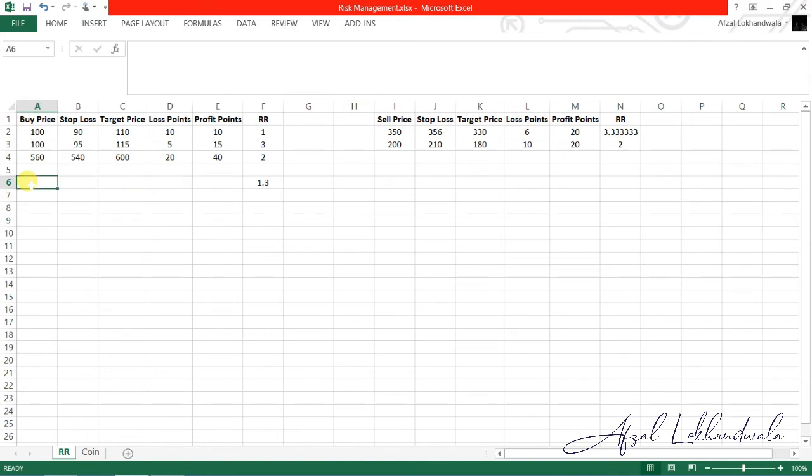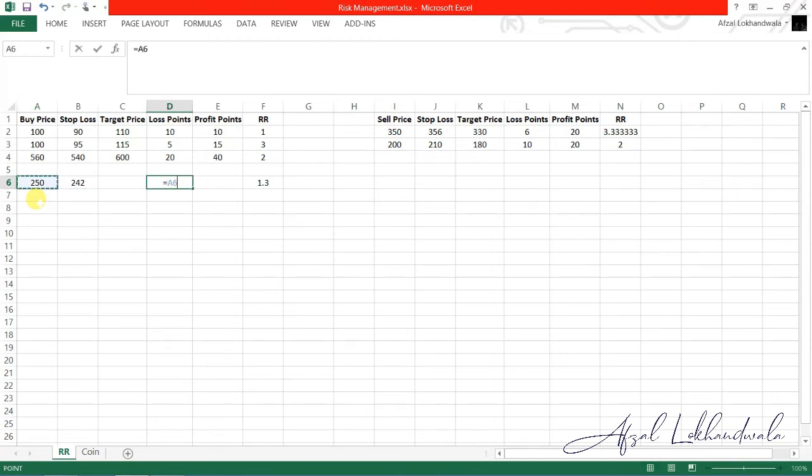Now in our trading style, we first determine stop loss. Let us say we are taking a trade, we are having an entry at 250, we are buying a stock at 250, and we are determining an important level for stop loss at 242. Now if we get these two figures, the buy price and the stop loss, we can easily determine the loss points.